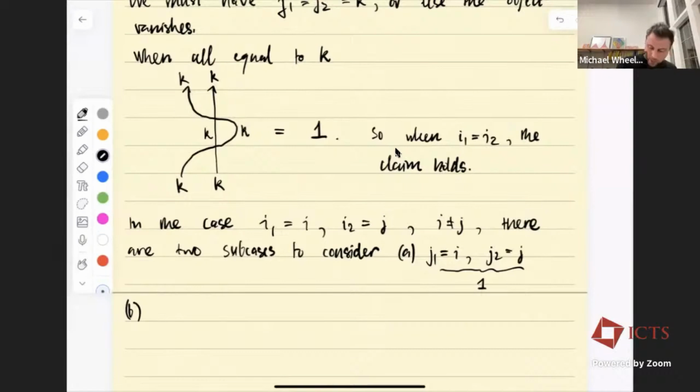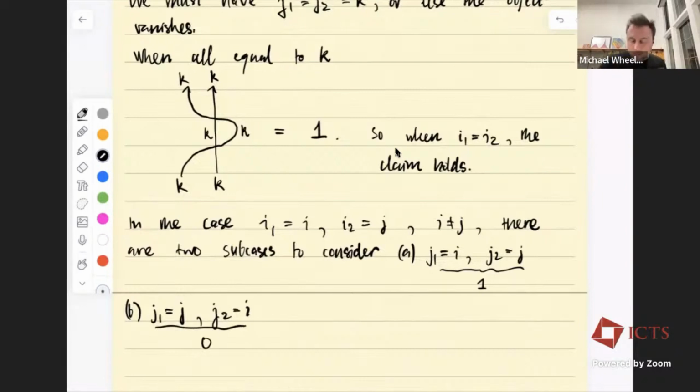And the second case is where J1 is equal to J and J2 is equal to I. And in this situation, we're supposed to have 0.